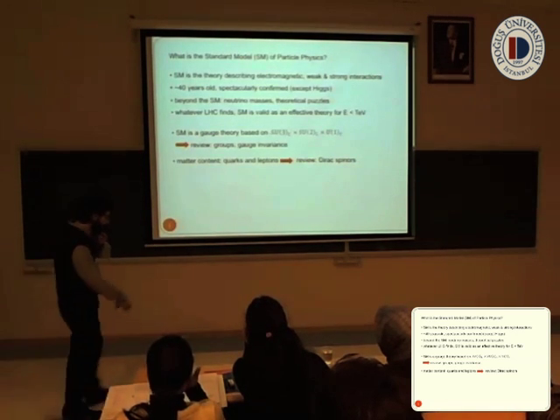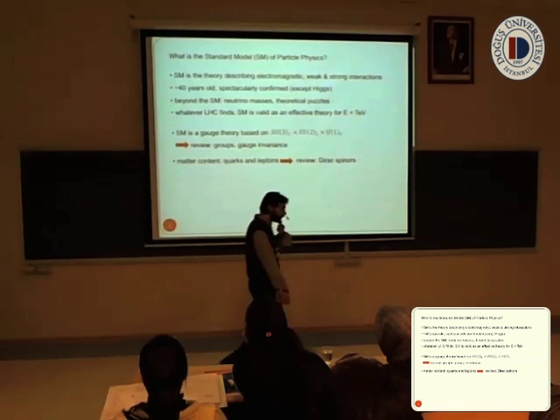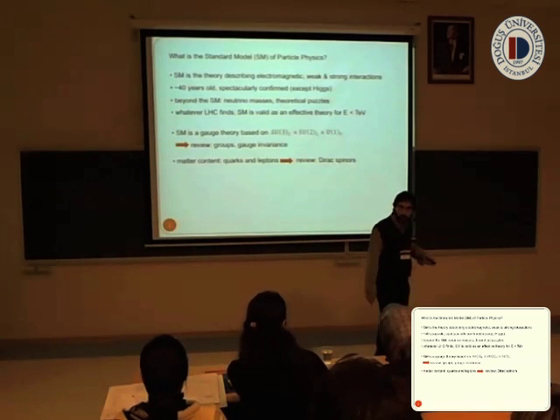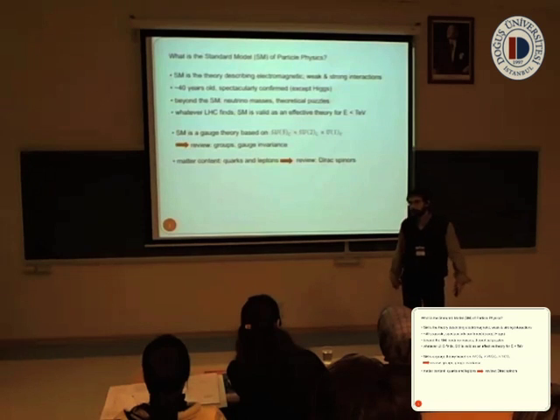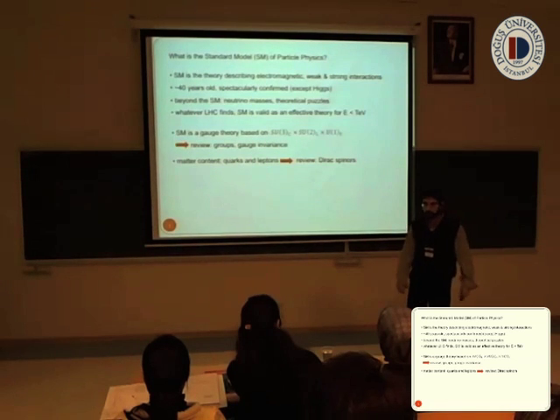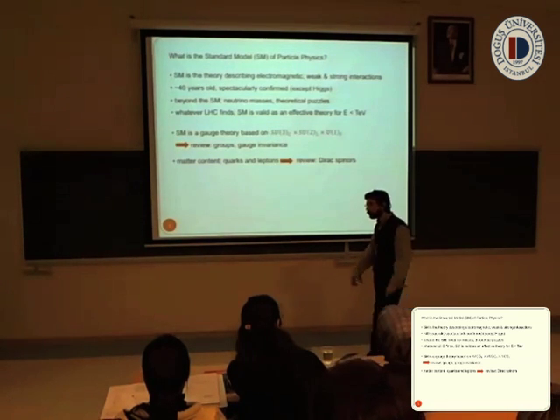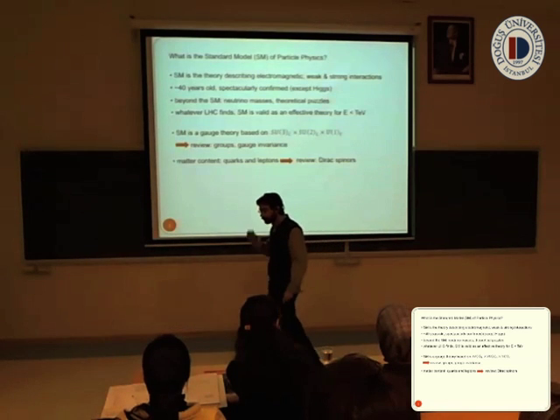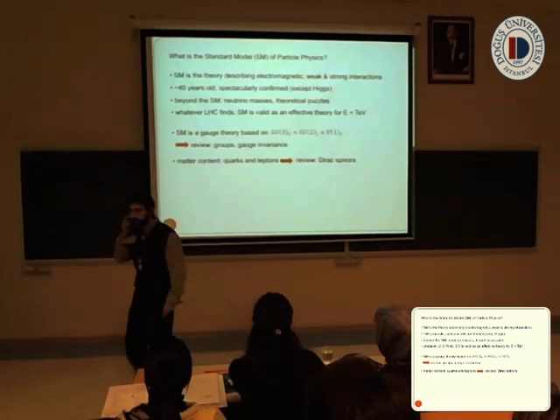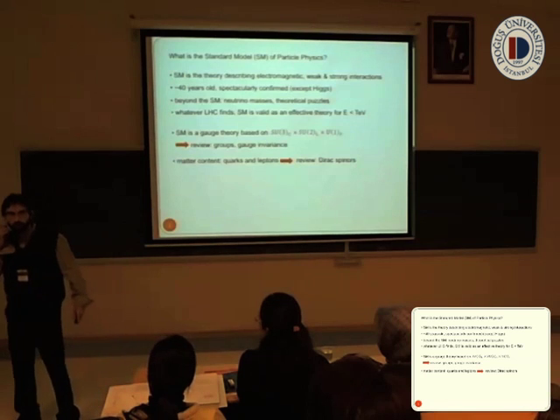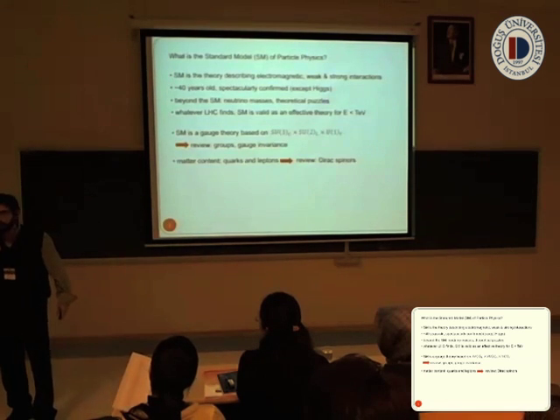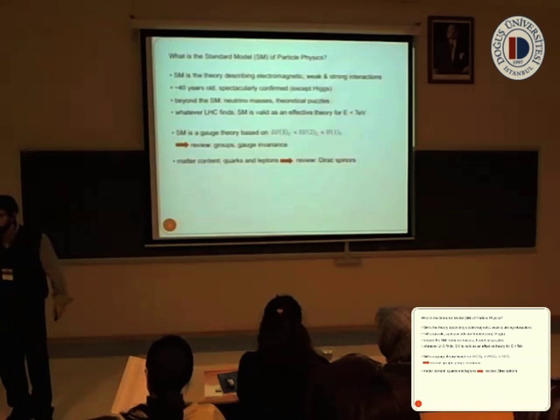Now, we expect new physics at the TeV scale, which has to do with unitarity violation. I will talk about this in more detail in the lecture on Friday or Saturday. So there are reasons to expect that there must be some new physics at the TeV scale.